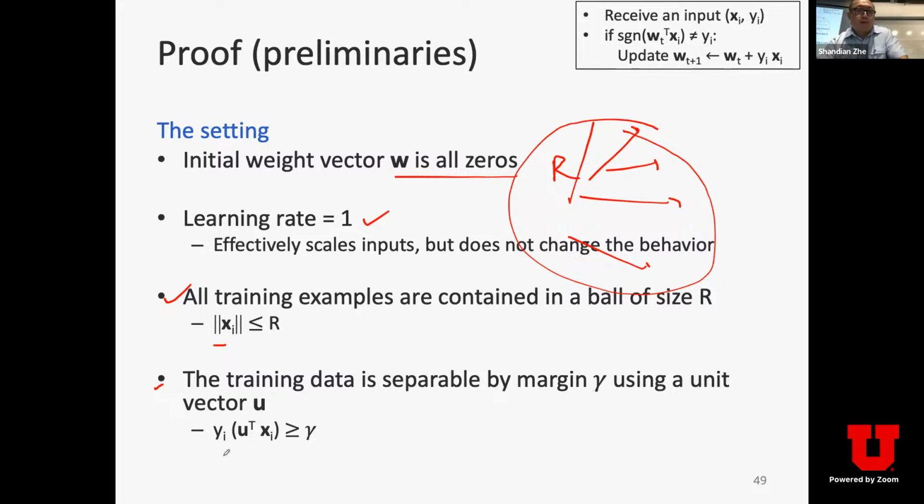This basically tells us that the distance between every training example and the separating hyperplane determined by u is no less than gamma. These are the two preconditions.